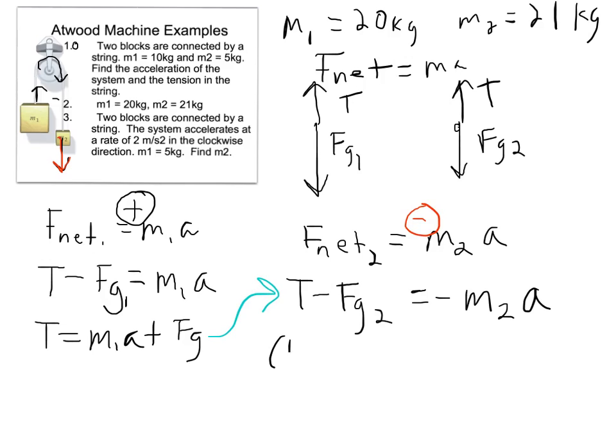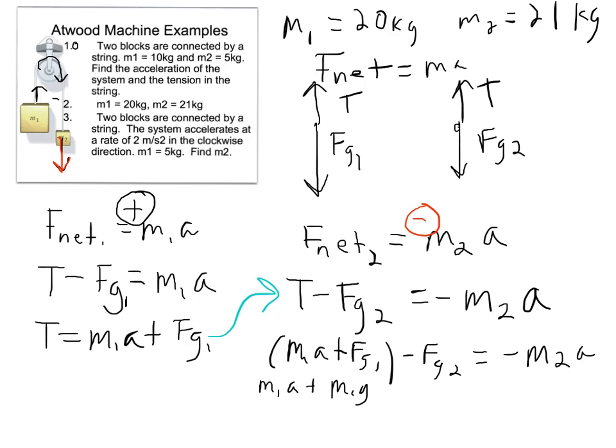Now I have m1a plus Fg, and that should be Fg1, minus Fg2 equals negative m2a. Let's fill in some things that we know. m1a plus Fg1 is m1g, minus Fg2 is m2g, equals negative m2a.